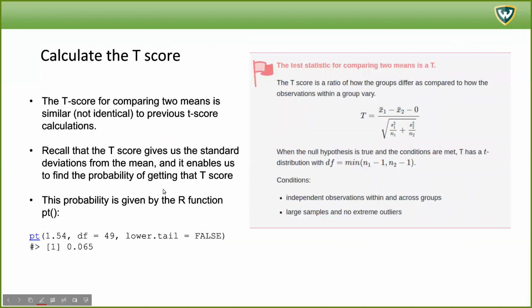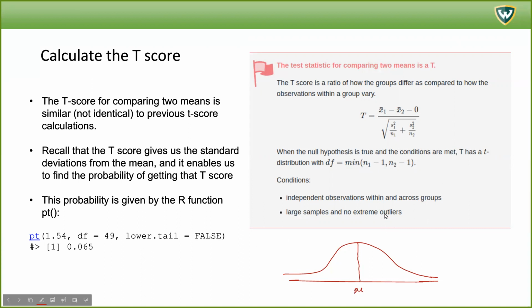And following that, we calculate the t-score as we have done before. So the t-score for comparing two means is similar but not identical to the previous t-score calculations. Recall that the t-score gives us the standard deviations from the mean in a distribution, and it enables us to find the probability of getting that t-score. So we're dealing with some kind of numbers when we're dealing with average weights. Maybe it's in pounds or in kilos, maybe it's 6, maybe it's 7, maybe it's 10. But when we get the t-score, we put it in terms of standard deviations from whatever the mean is for that thing.